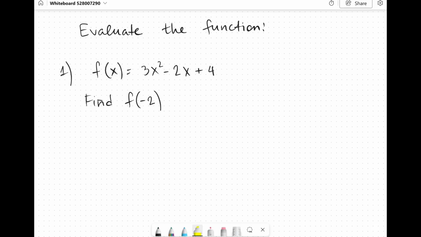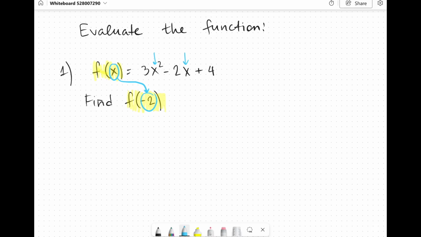If you compare the notation f of x and the notation f of negative 2, you'll notice that the change is that the x that used to be inside of the parentheses is now written as negative 2. What you're asked to do is to replace every x in your equation. So wherever you see the x, you see it twice here, with the negative 2.